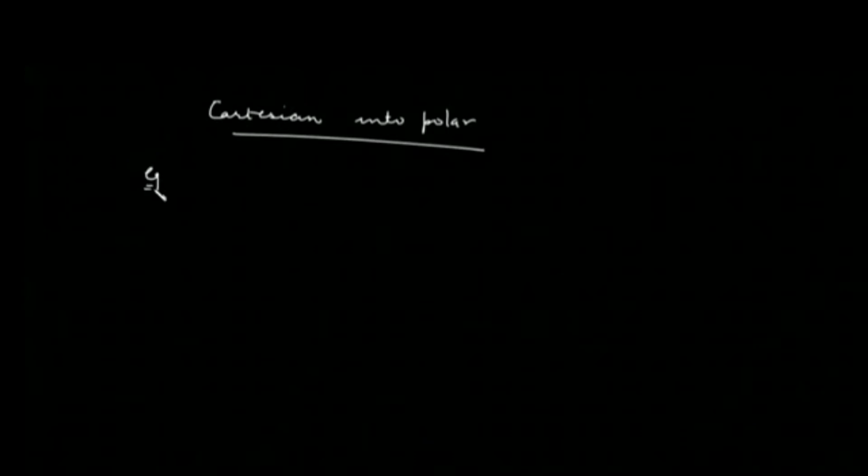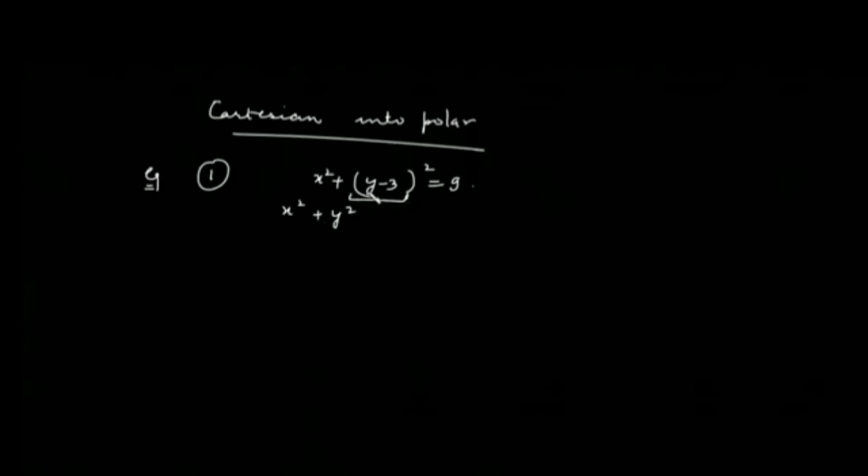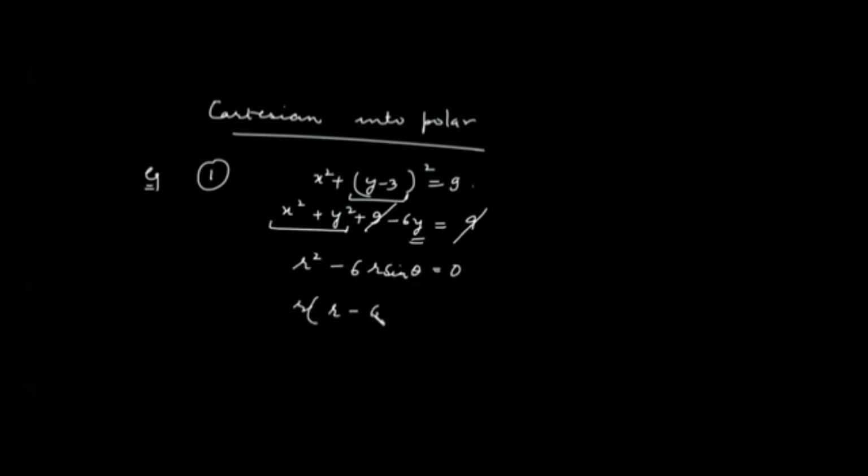Now Cartesian into polar. For example, find the polar equation of this. We can open this square. It is y squared plus 9 minus 6y is equal to 9. This 9 cancels out. Since x squared plus y squared is r squared and y is r sin theta, now we can take r to be common.